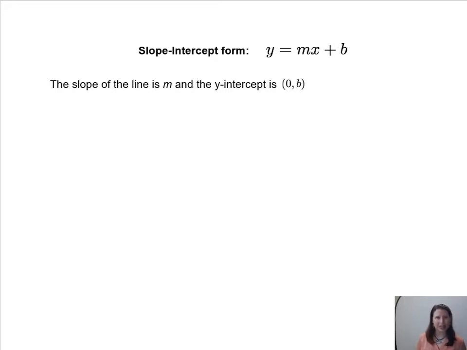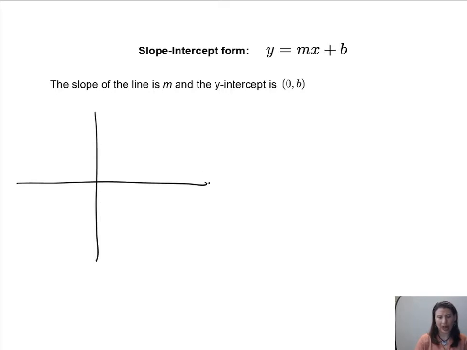So let's talk about it in terms of a graph, right? If we have a basic graph here of y and x, remembering that this is the y-axis, this is the x-axis. If we're talking about the point (0, b), it's always going to be somewhere on the y-axis, right? It's the y-intercept.